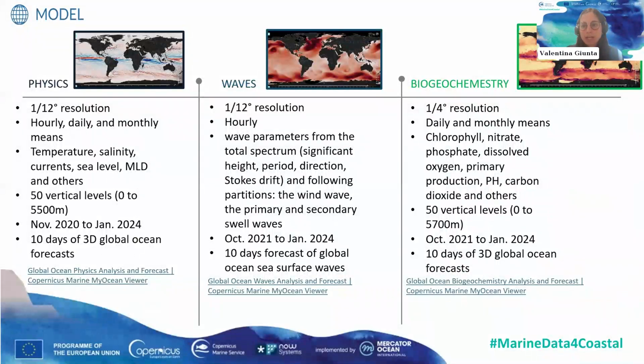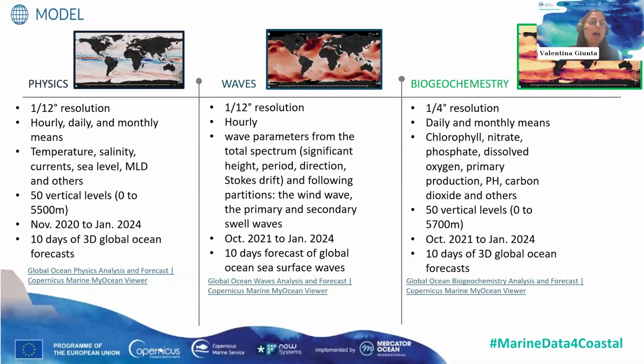So if we dive a little bit into these three main sources of data, for model data, I'm just highlighting three of our global models, one for physics, one for wave, and one for biogeochemistry. So for physics, we have the global model that has a 1/12 degree resolution.